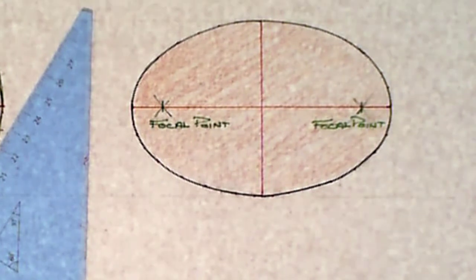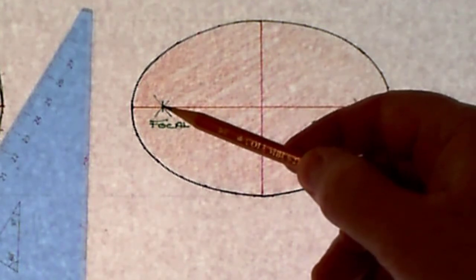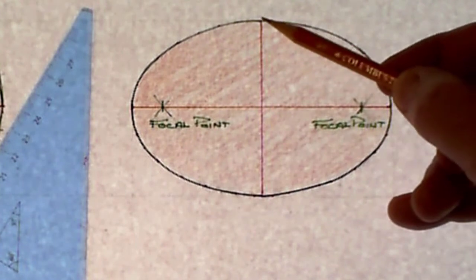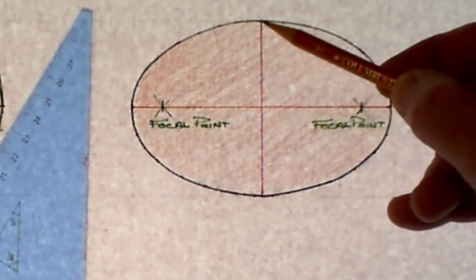Now, when I'm using a string and I'm setting out in the workshop environment, what I simply do is I put a nail or screw in this focal point and on this focal point. And I also put a nail or screw on this top point of the minor axis.